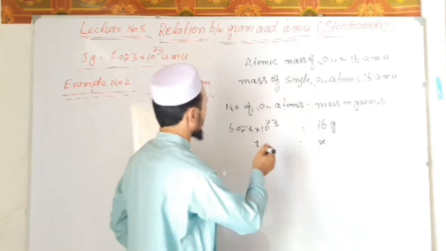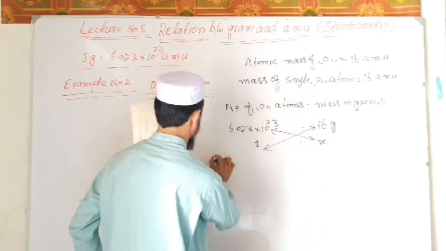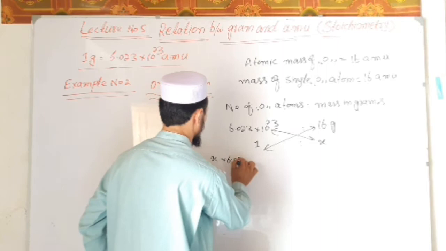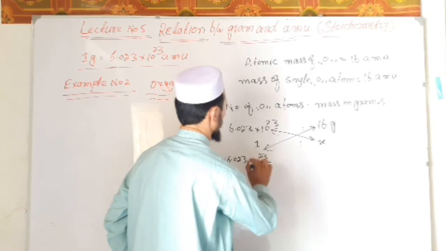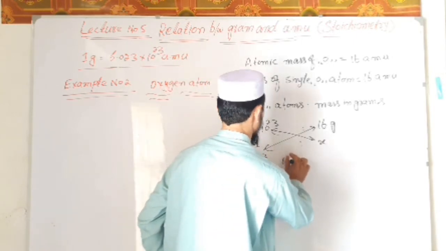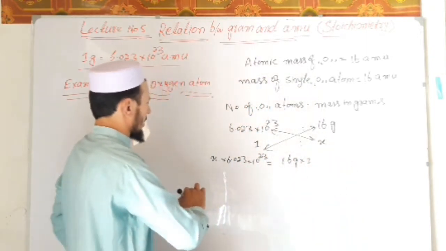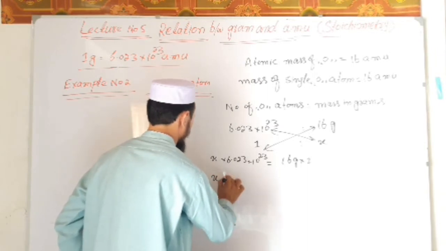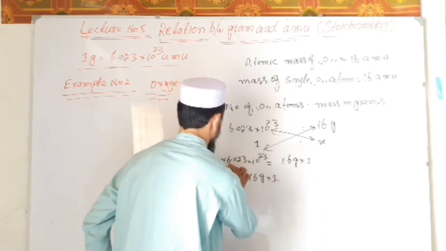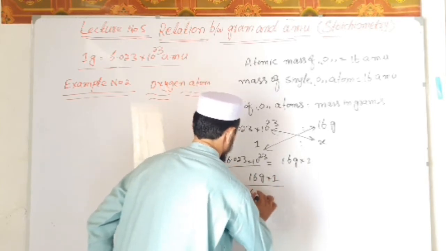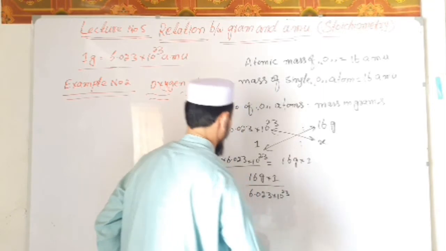So let us calculate. By cross multiplying, we will get x multiplied by 6.023 multiplied by 10 raised to the power of 23 is equal to 16 gram multiplied by 1. Now we want to calculate x, so x will become equal to 16 gram multiplied by 1 divided by 6.023 multiplied by 10 raised to the power of 23.